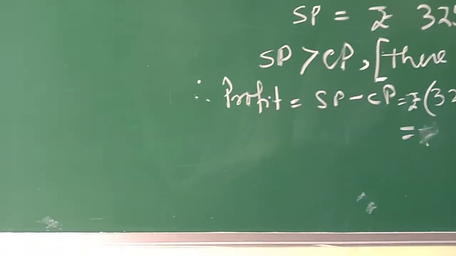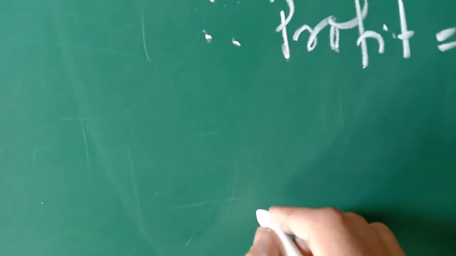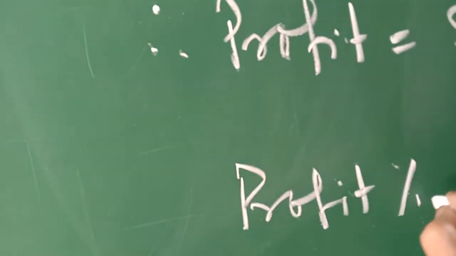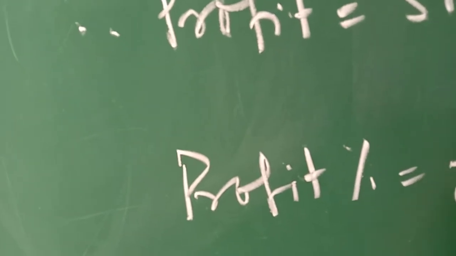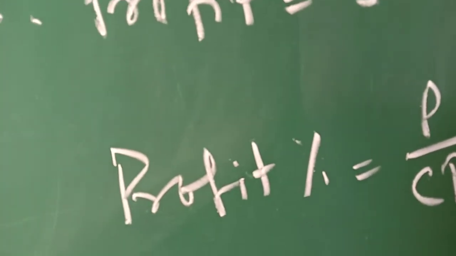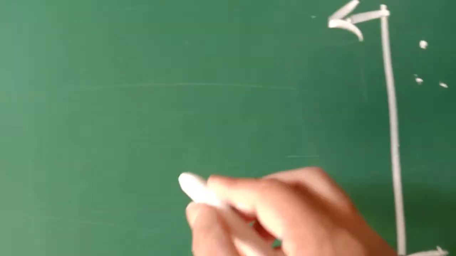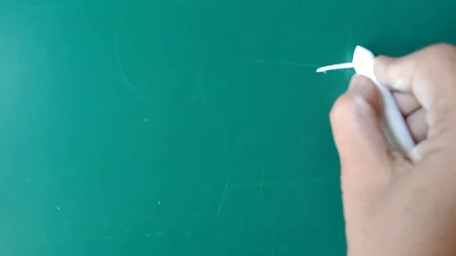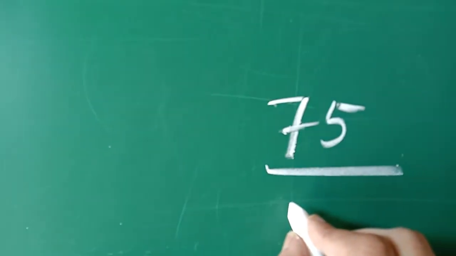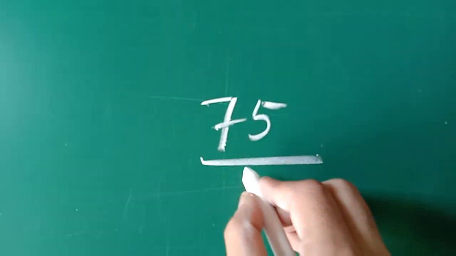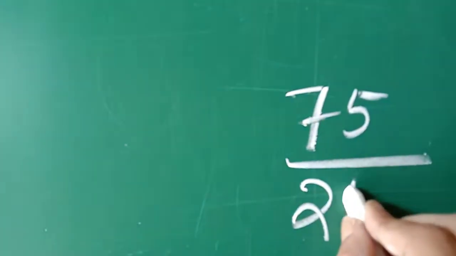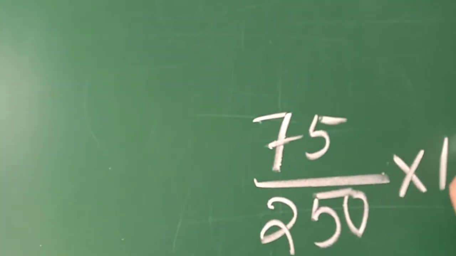Now profit percent. To find the profit percent, profit percent equal to profit by CP into 100. What is our profit? Profit was rupees 75 by CP was 250 into 100.